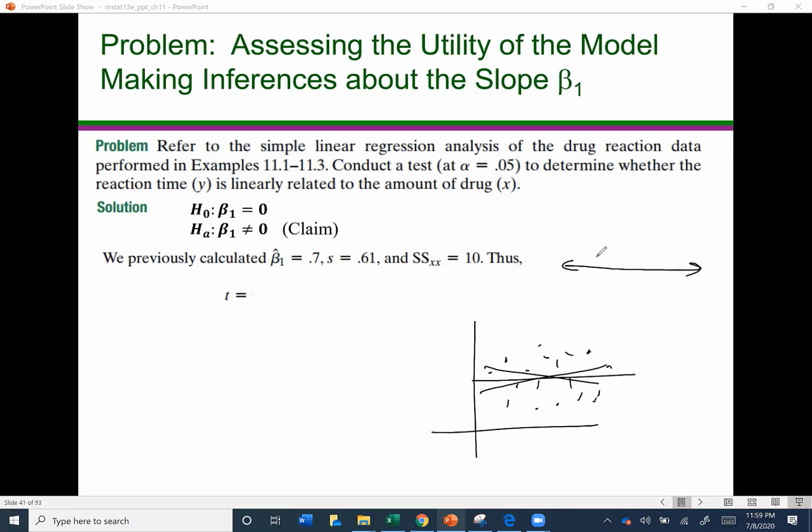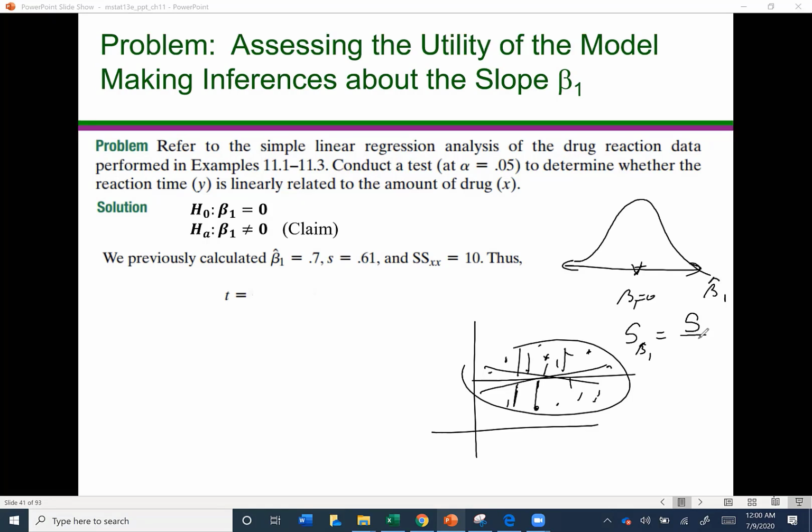The distribution of all possible b sub 1 from this kind of scatter plot will be centered at b sub 1 equals 0 and normally distributed. The standard deviation of the distribution of all b sub 1 hat is given by the standard deviation of the error, remember, we obtained it in the previous exercises, divided by this number.